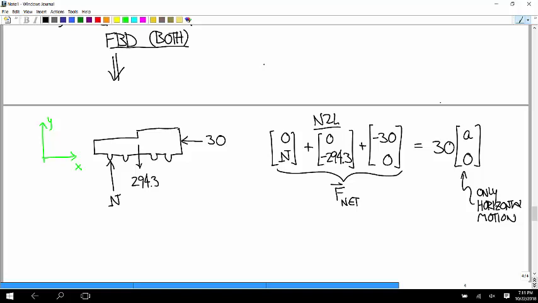Which one? The 30 on the right side? This is saying F net is equal to mass times acceleration. So this 30 and this 30 are different. But this is the mass of 30 that you get from adding up the two individual masses.